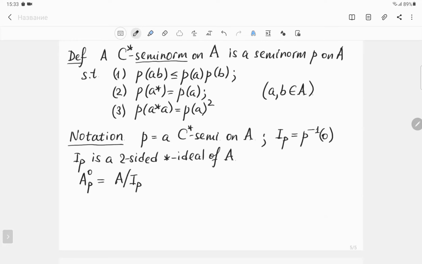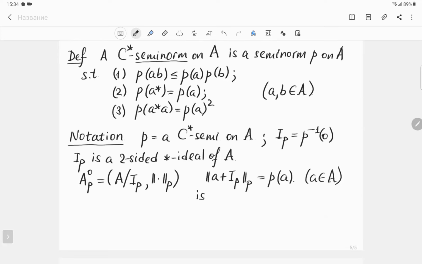This quotient is equipped with a C-star norm, which is well defined by the following formula. So the norm of each element in the quotient is the seminorm of any representative of this element. It's a simple exercise to show that this is well defined, and this is a C-star norm.